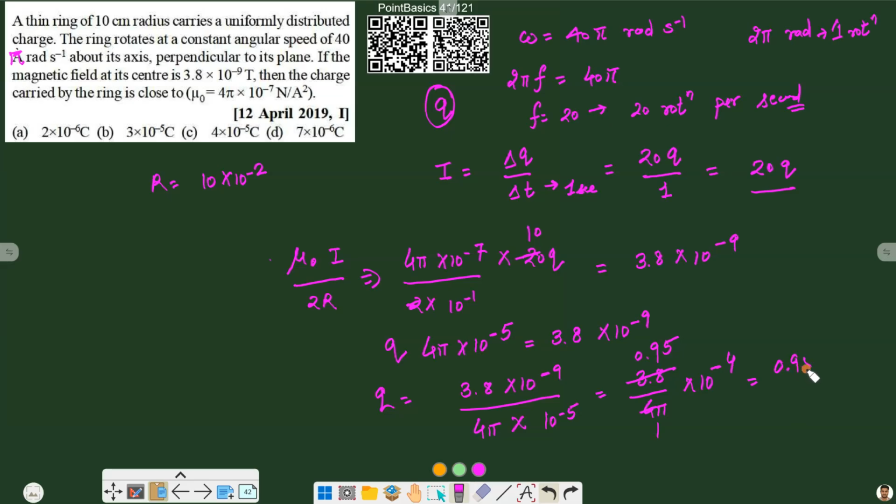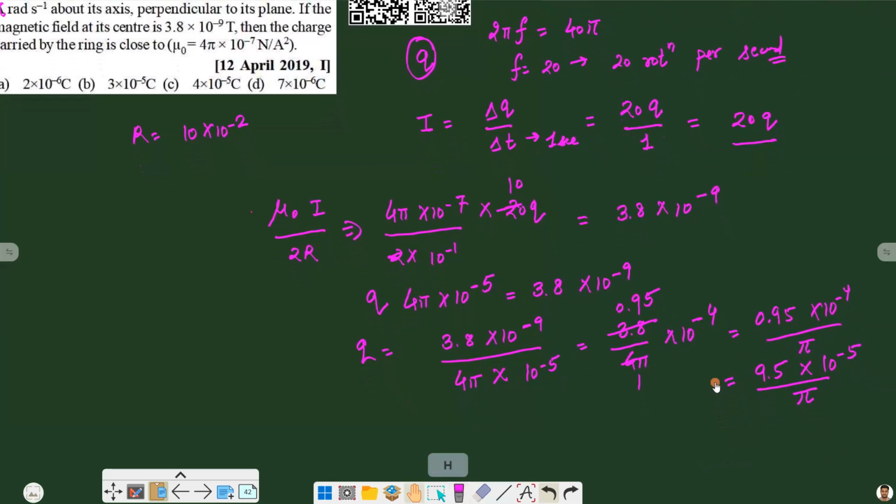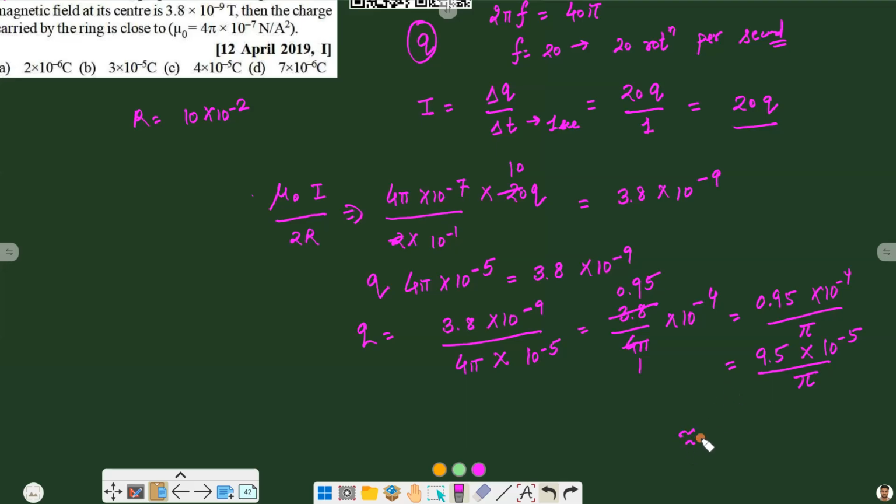So 0.95 into 10 raised to power minus 4 by pi, which we can write as 9.5 into 10 raised to power minus 5 divided by pi. As pi is 3.14, this will be approximately 3.1 something multiplied by 10 raised to power minus 5. If we now check all the possible answers, option B matches. If we properly solve, our answer will be 3 into 10 raised to power minus 5. So here we just approximated our answer.